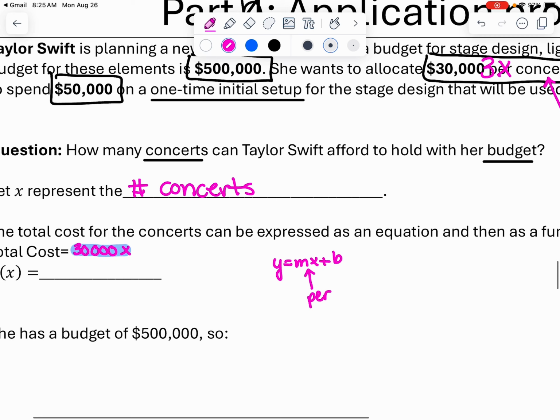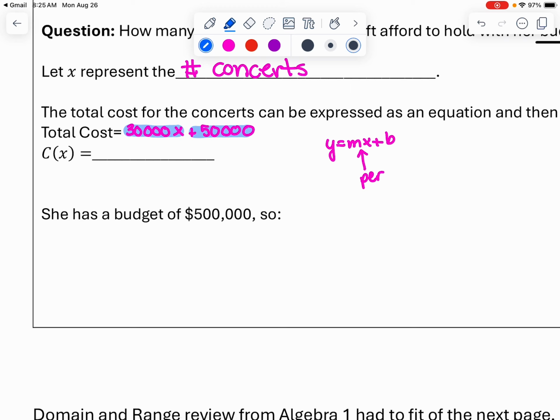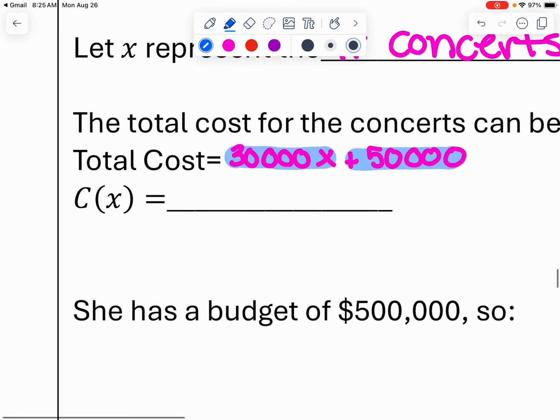And you see this initial setup fee? This is usually going to be your b in y equals mx plus b. That one-time setup fee is going to be your y-intercept, the $50,000 in the back. And again, if you're like, boy, how'd you do that, Miss Langeli? Well, that's Algebra 1. If that's something you're struggling with, we definitely need to sit down and work that out together. So the total cost, and look what we did next.